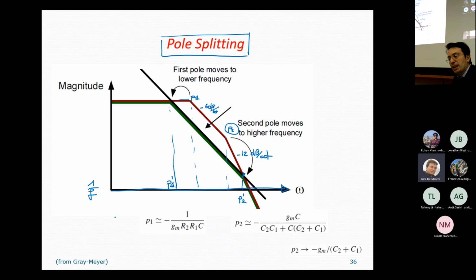What happens here is that due to the flowing of I5 in this direction, the voltage of the gate of transistor number 6 tends to increase. Therefore, the VSG decreases, and this means that I6 quickly vanishes because there is a quadratic dependency on the VSG.